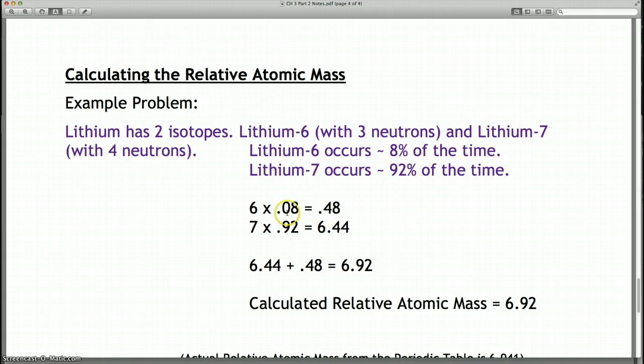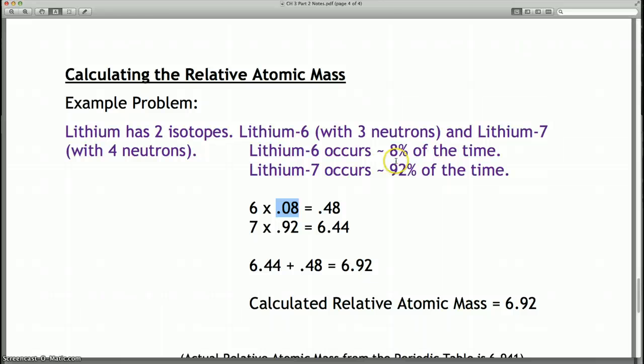The way we do that is we take the mass number, so in this case 6, we multiply that by the percentage, but the percentage written as a decimal. If we think of what percent means, it means per 100. If I have 8%, that is the same thing as saying 8 over 100, or 8/100th.